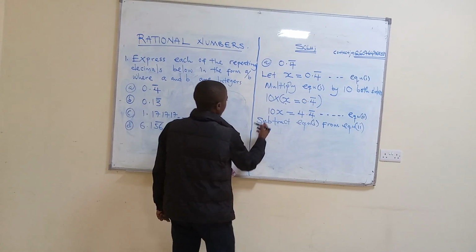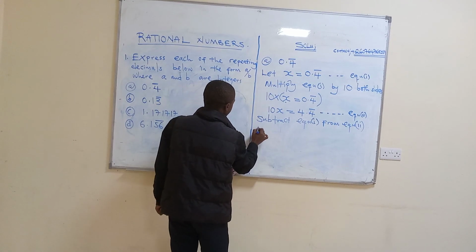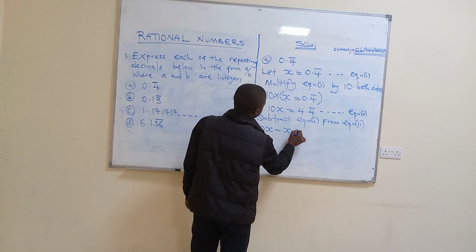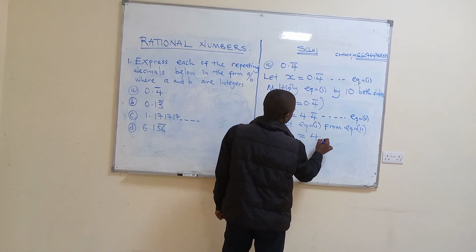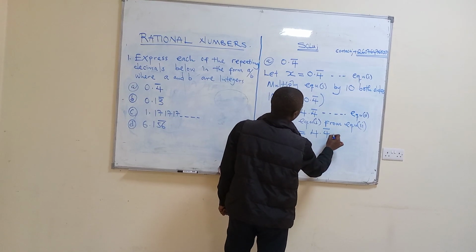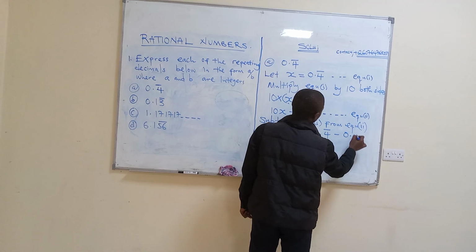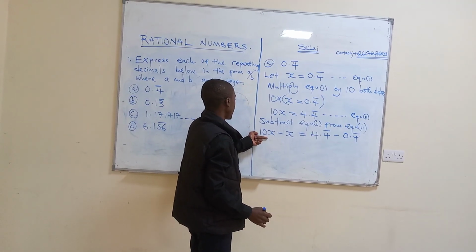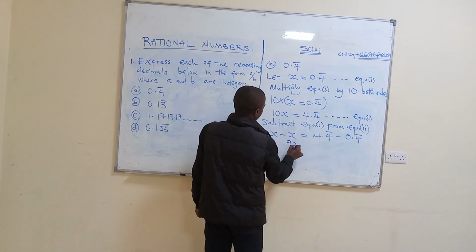That simply means I'm going to subtract 10x minus x equals 4.4 with a bar minus 0.4 with a bar. So 10x minus x is 9x.